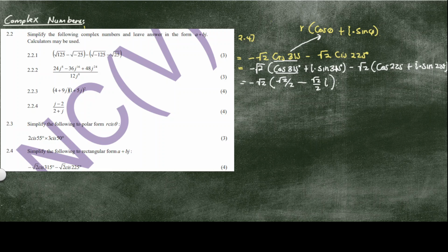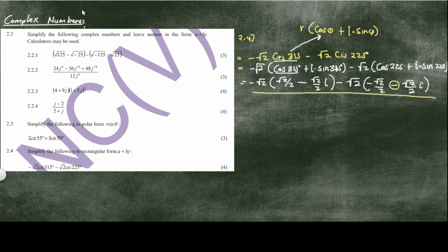Then 225: it's a minus square root 2 over 2 plus, and sine 225 is still a minus as well, so it's going to be a minus square root 2 over 2 i. The moment you forget or don't write the correct sign here, this whole thing is wrong.